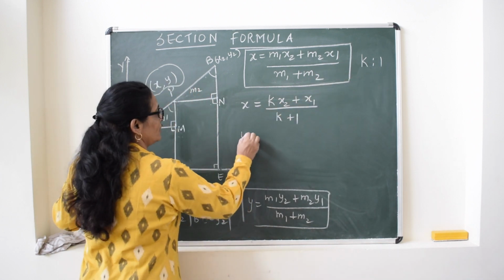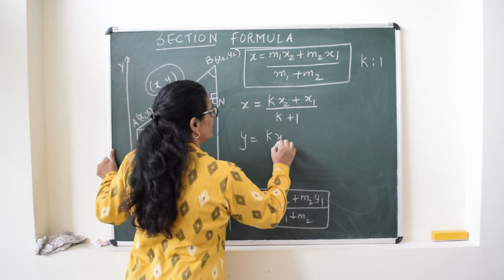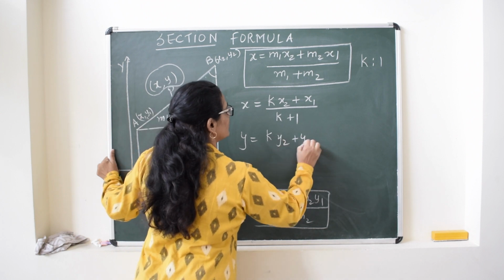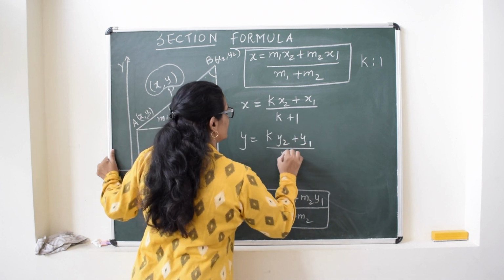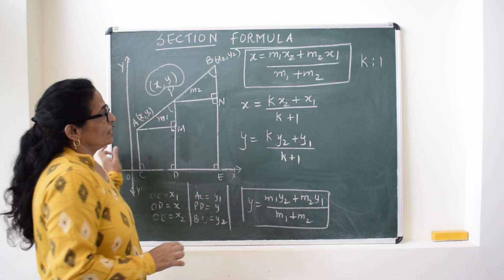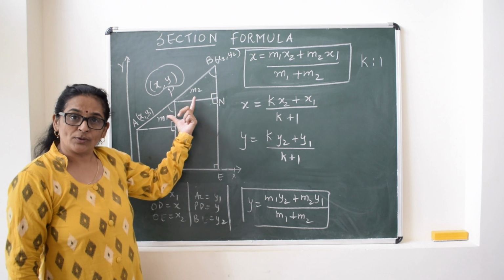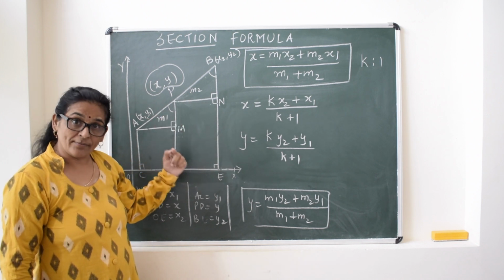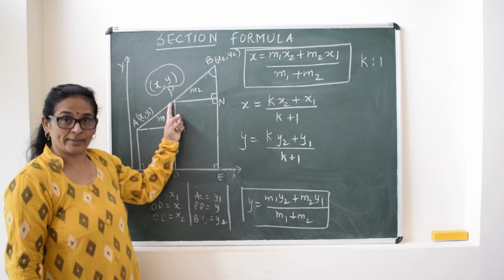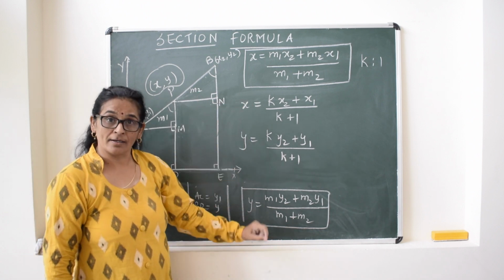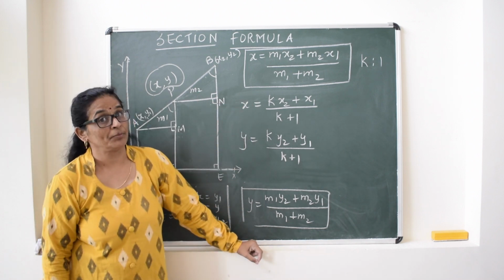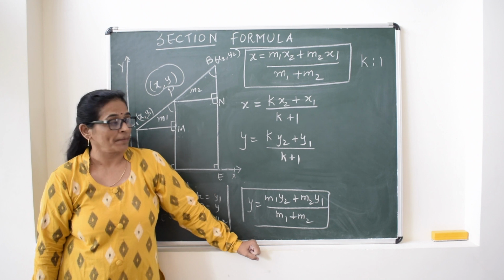Now, similarly, the value of y will be this. So first we have seen P is dividing AB in the ratio m1 is to m2. When the ratio is given, we find the coordinates of P. If the ratio is asked, then in place of m1 and m2, we take k is to 1.